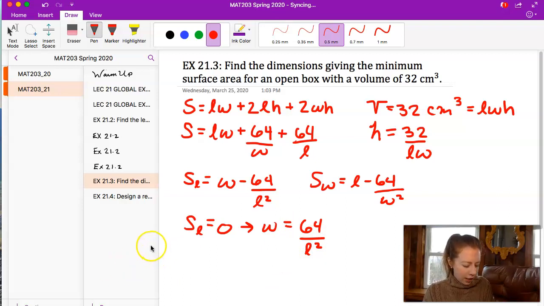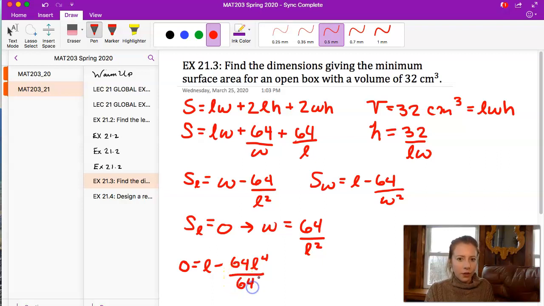Okay, and so then if we plug in 64 over L squared for W in our partial with respect to W and set that equal to 0, we end up with 0 is equal to L minus 64 L to the 4th over 64 squared.